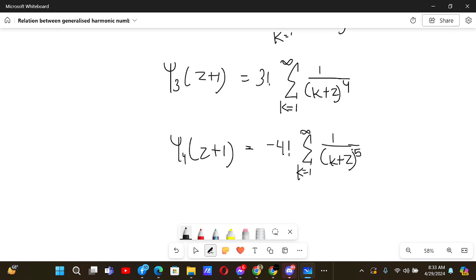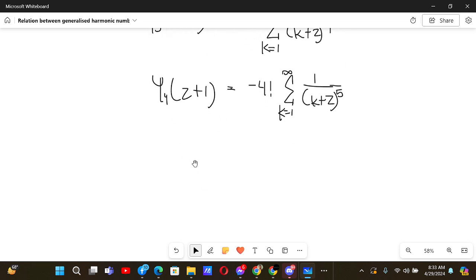And this can go on, and notice that if we have a power p, this negative sign appears whenever p is odd, and there's no negative sign whenever p is even.